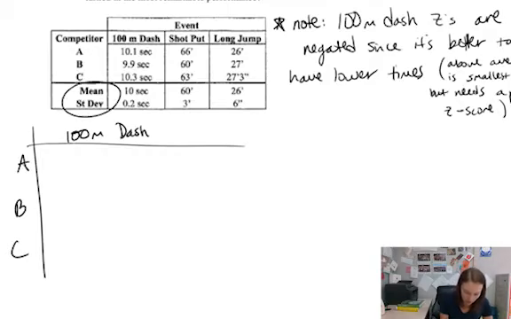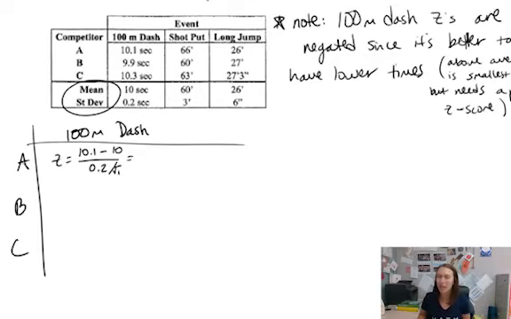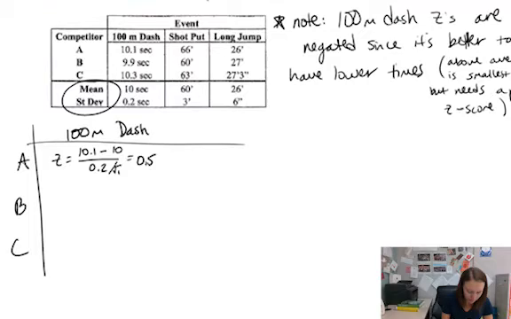Now, z equals our data value, 10.1, minus the mean, which is 10, divided by 0.2. And again, this is just one singular person, so over the square root of 1. You can leave that off for now if you want, but I would highly suggest you don't, because later on it's going to be there, and I want you to get used to it now. All right, and then this is going to be 0.5.